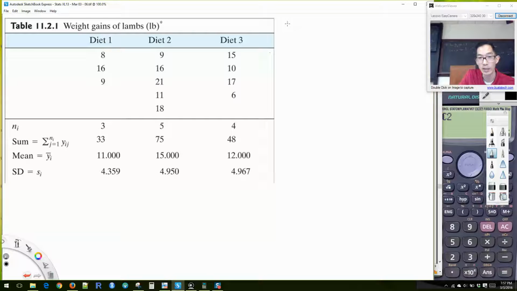Our null hypothesis is that the weight gains for the population of lambs who might take diet 1, diet 2, and diet 3 are all the same. This basically says the amount of weight gained is the same for all 3 diet groups.